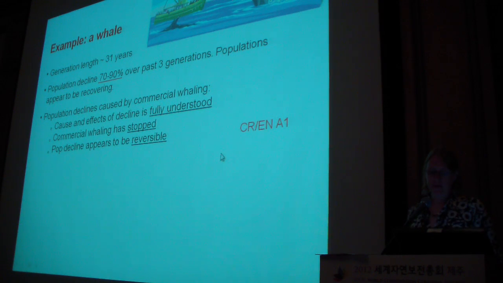So with all of this information, you can assess the species as critically endangered, or endangered. Because it's 70 to 90%, it's at least 70% reduction, so it's at least endangered because it meets a reduction of at least 70% over the last 3 generations. If it was at least 90% over the last 3 generations, then it would be critically endangered.